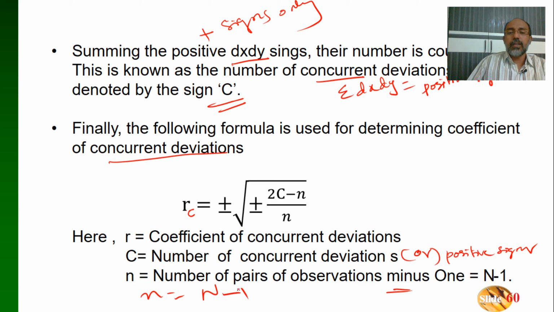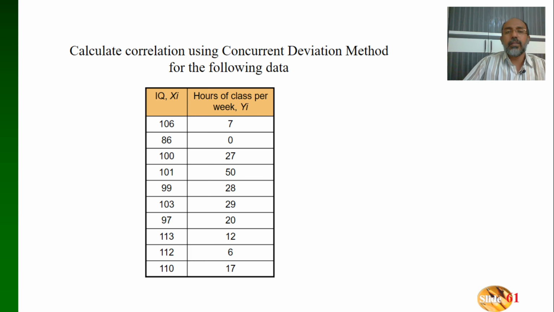What is capital N? Capital N means the number of pairs, and the number of pairs minus 1 should be used. So this is the formula for concurrent deviations. We'll go with an example for calculating concurrent deviations.